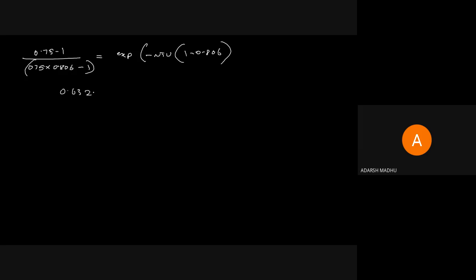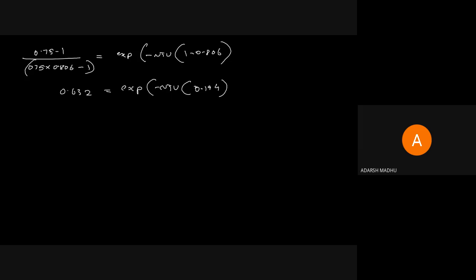0.632 equal to exponential of minus NTU into 0.194. So how can we cancel the exponential?